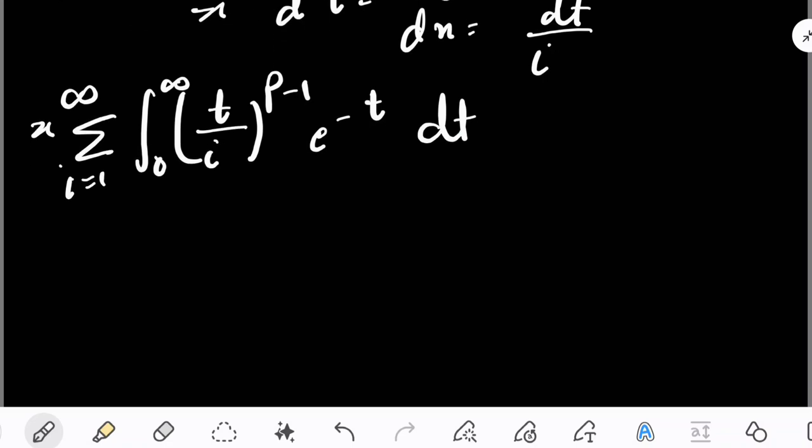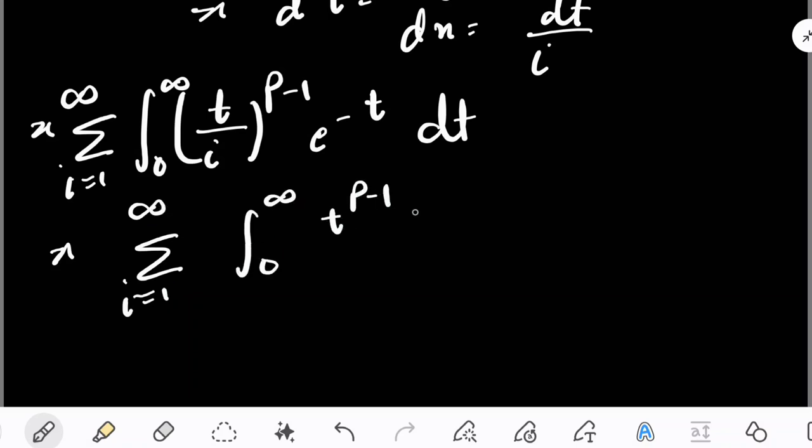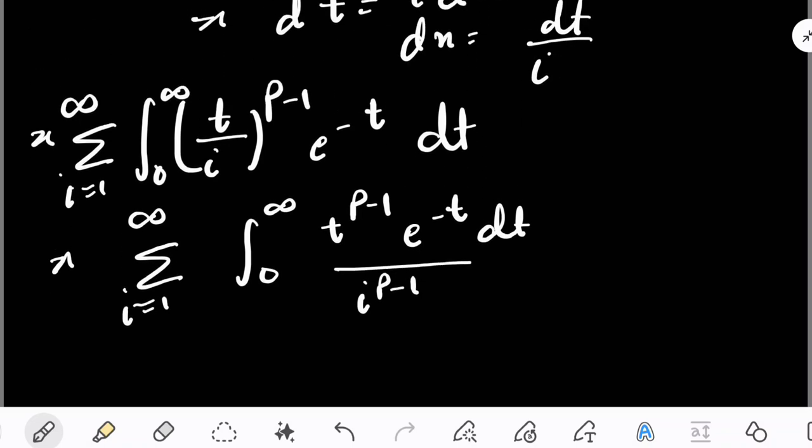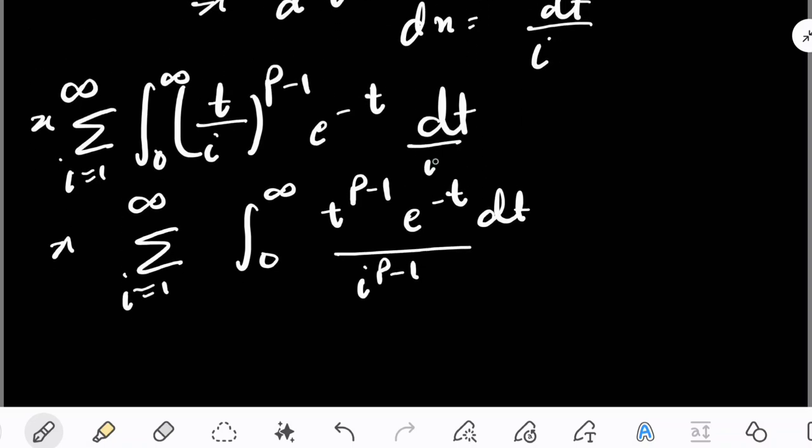So this can be further written as the summation i is equal to 1 to infinity of the integral 0 to infinity of t raised to the power p minus 1 e raised to the power negative t dt upon i raised to the power p minus 1, right? Now bring this expression outside, since i raised to the power p minus 1 is a constant with reference to dt. And one thing I made a mistake over here, dx was dt upon i. Yeah, so dt upon i.